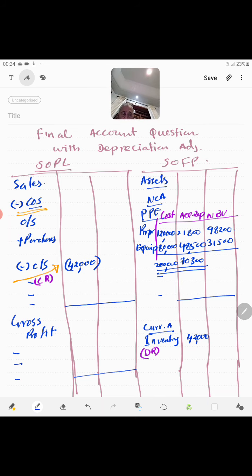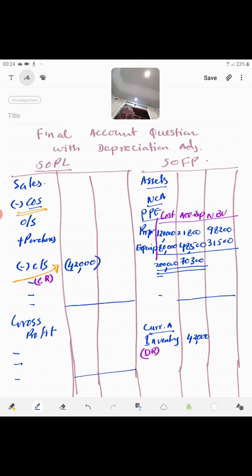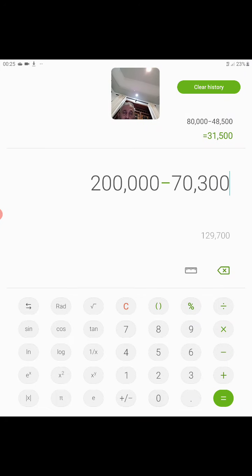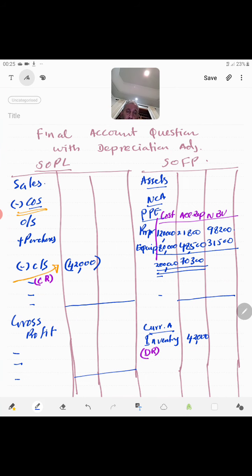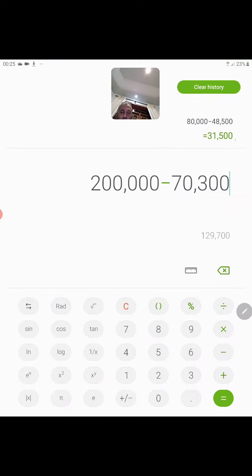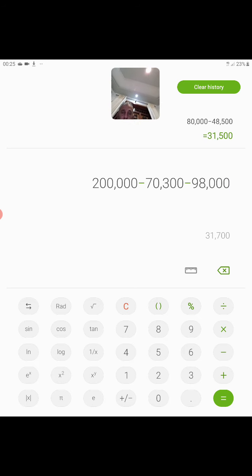So 200,000 minus 70,300 is 129,700. We need to make sure the total also equals on a vertical basis, so if you subtract 98,000, you should get 31,700.